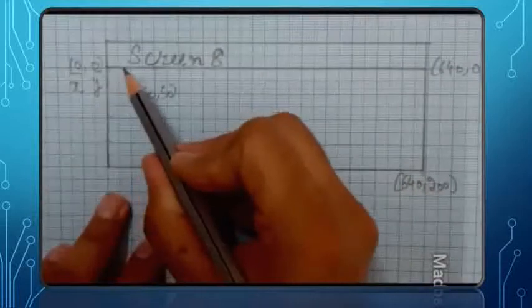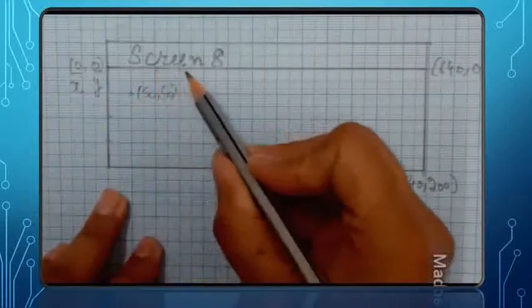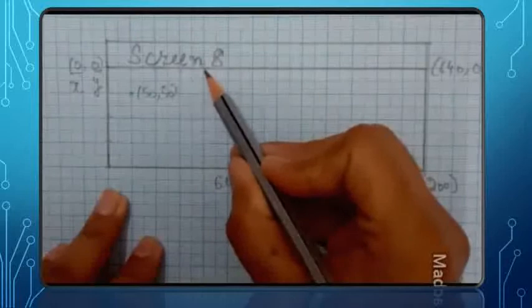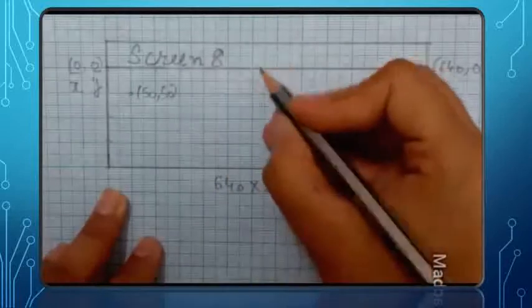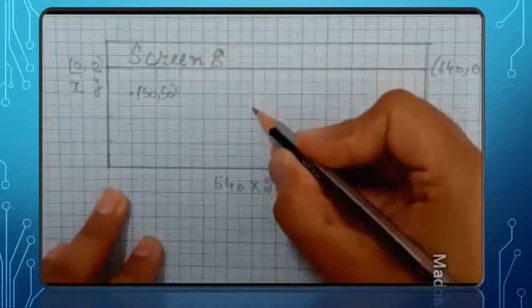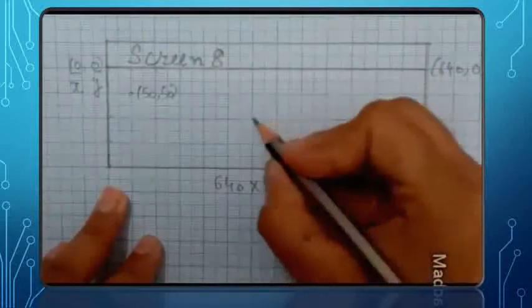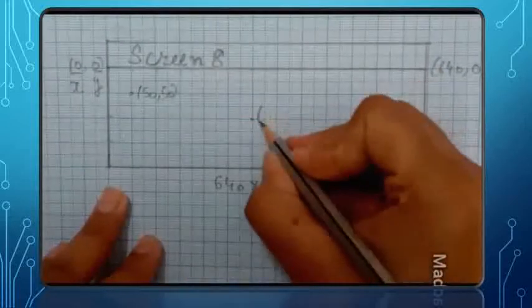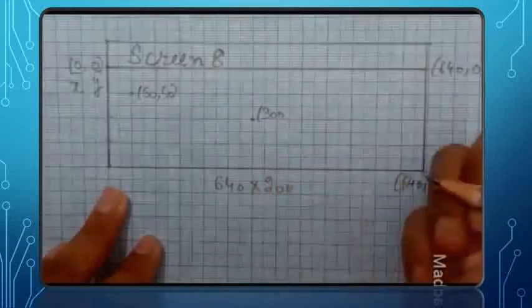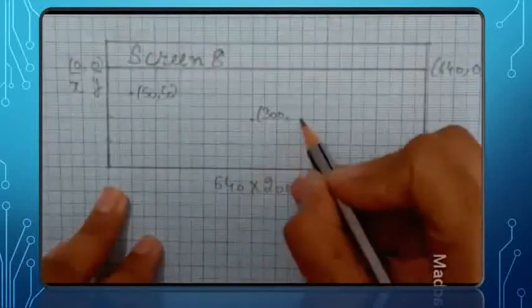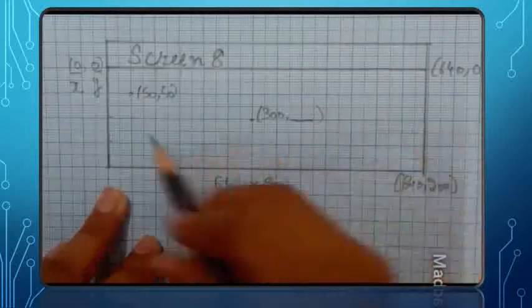We are going to move in this way. 50, 100, 150, 200, 250, 300. That means any point on this line has the value of x as 300. Let me take this one. So the value of x is 300, right? Now what is the value of this y?